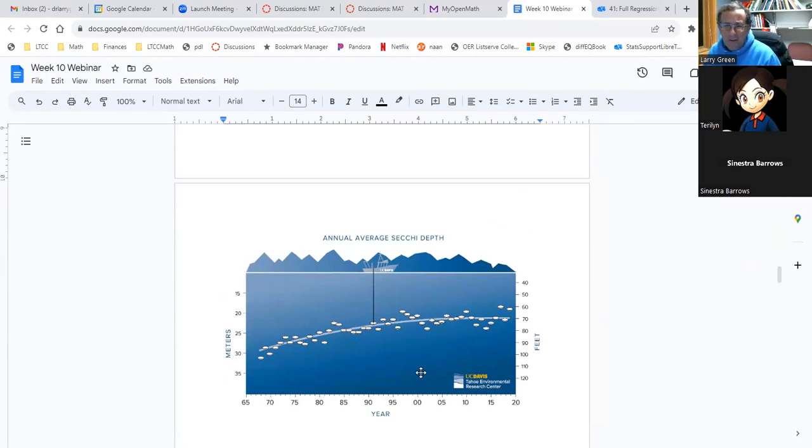Okay. What do you notice between the year 2000 and the year 2020? So the next 20 years. What does it look like going on now? What do you see that happened after they made all this conservation efforts?